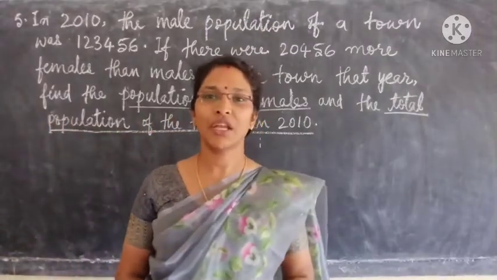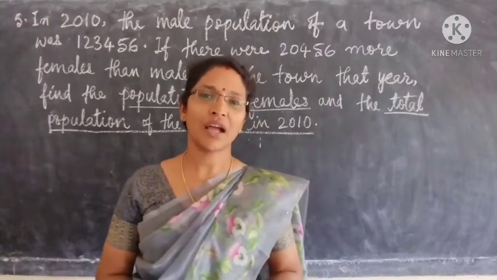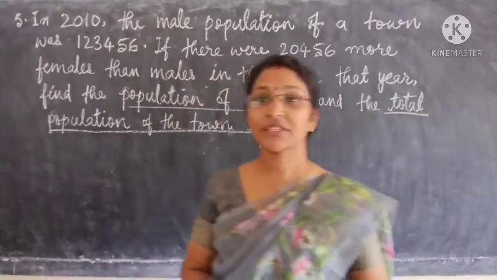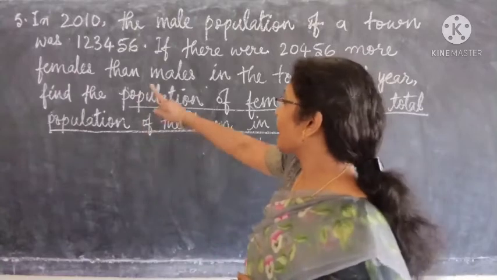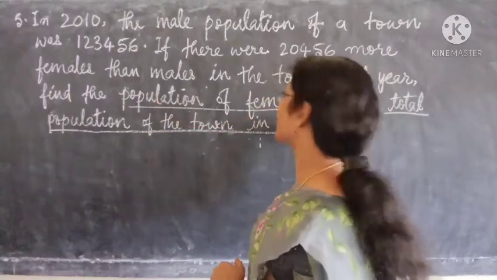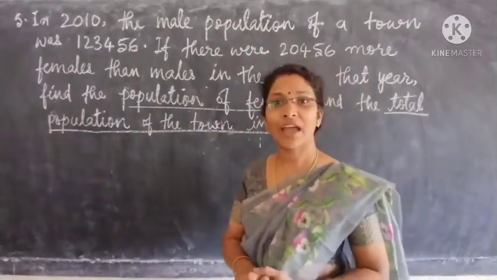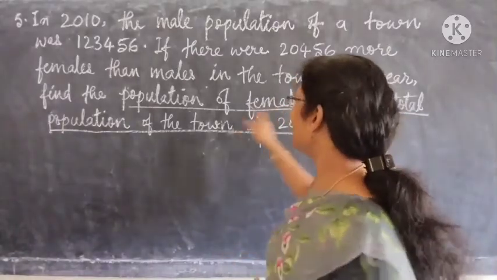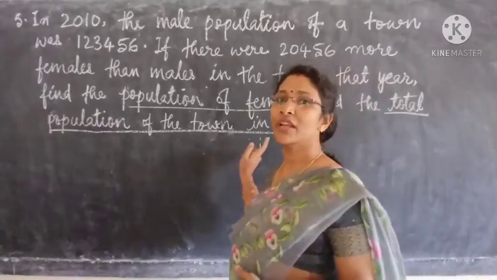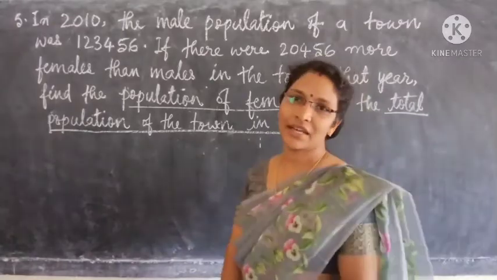Here in this question, 2 things are asked. What are the things we have to find out? First, we have to find out the population of females. Then we have to find out the total population of the town in 2010.